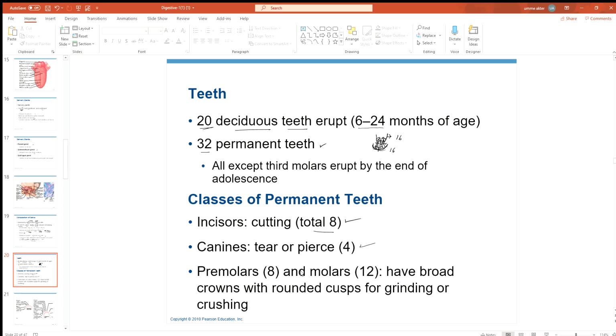Then next you have 8 premolars and then 12 molars. Premolars and molars mainly help you to crush the food, break the food. So incisors cutting or chopping, canines tearing, and premolars and molars mainly crushing, grinding.